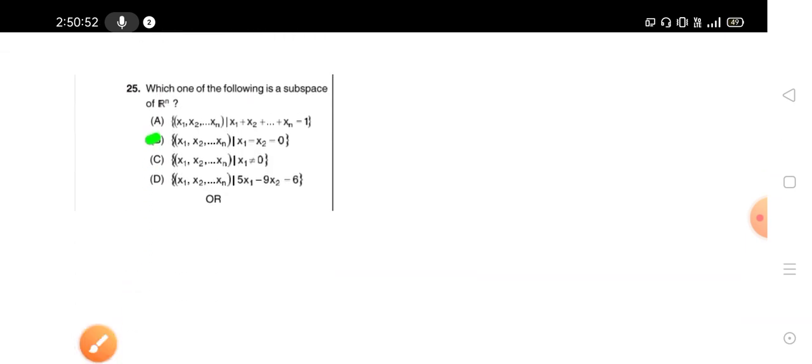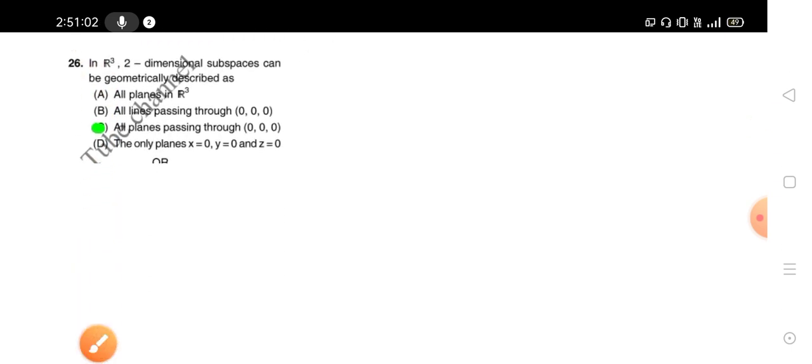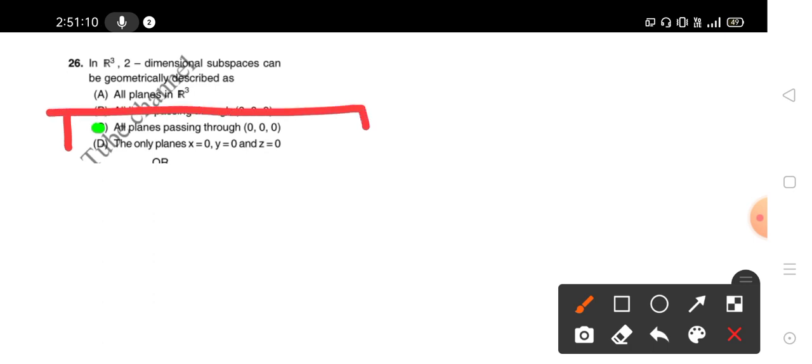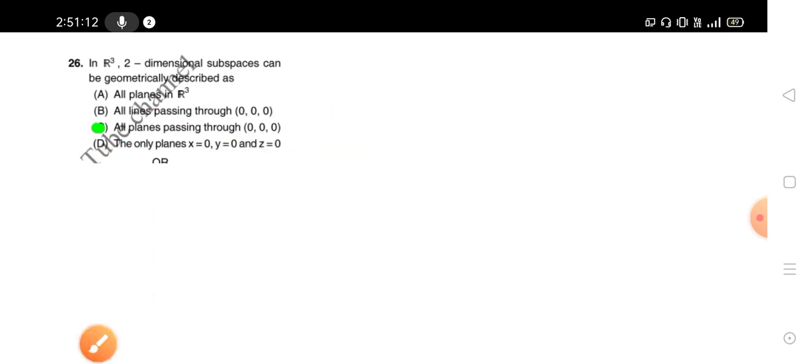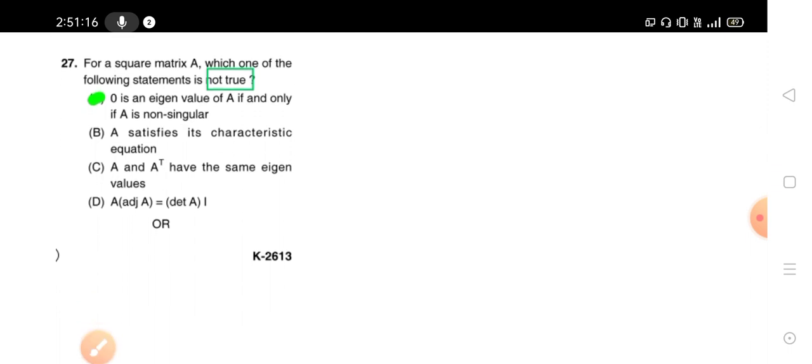Next question. Which one of the following is a subspace of Rn? Option B is correct. Next question. In R cube, a two-dimensional subspace can be geometrically described as a plane passing through the origin. This is also a repeated question. For a square matrix A, which one of the following statements is not true?